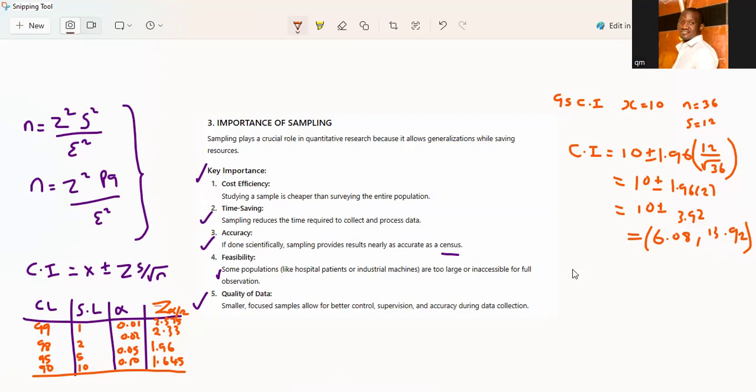So let's find a 98% confidence interval for a sample size of 100 with the standard deviation of 20, and the mean is 15. Want to try?